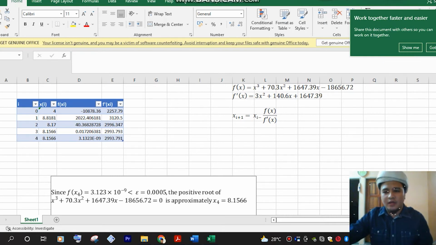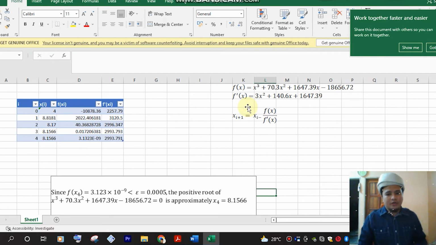Just like the manual calculation, the function is f(x) equals x power 3 plus 70.3 x power 2 plus 1647.39 x minus 18,656.72. And the first derivative of f(x) is equal to 3x power 2 plus 140.6x plus 1647.39.